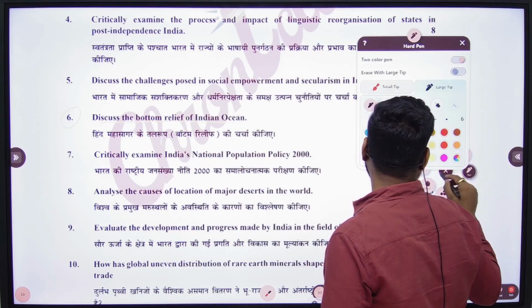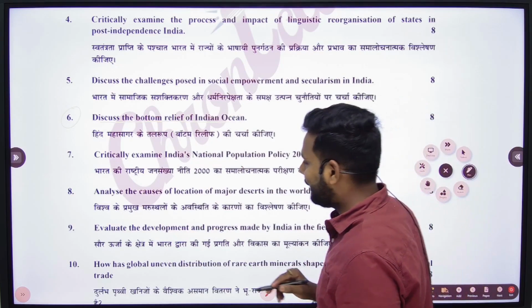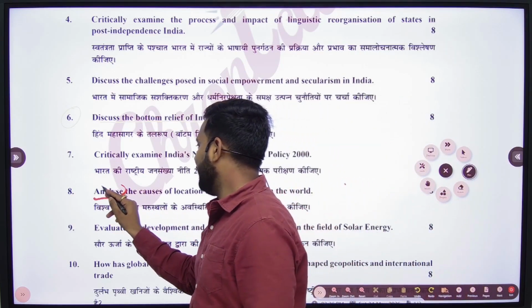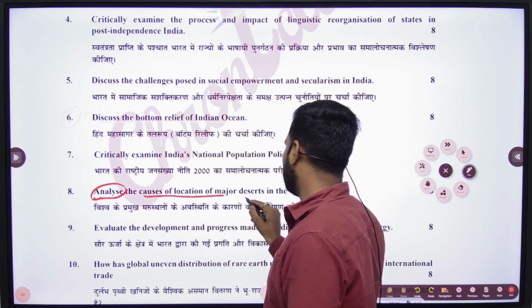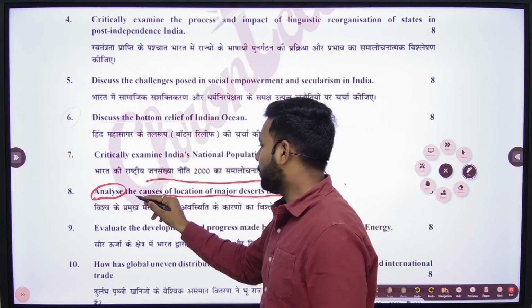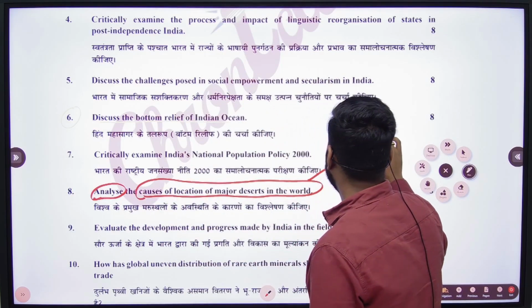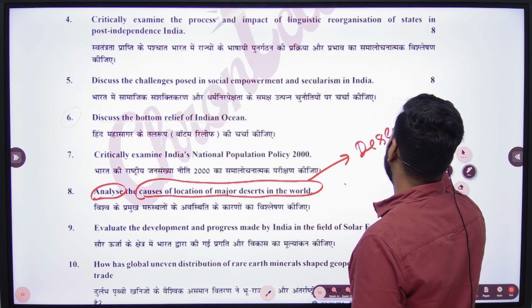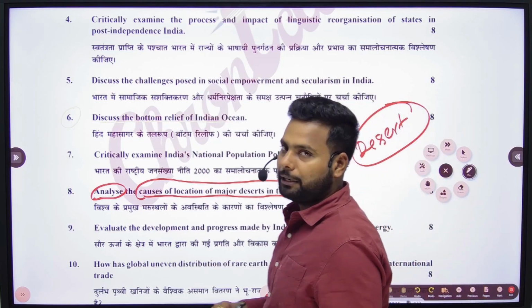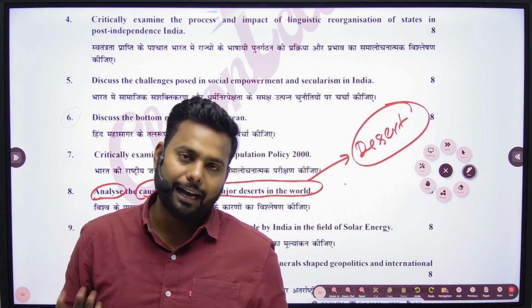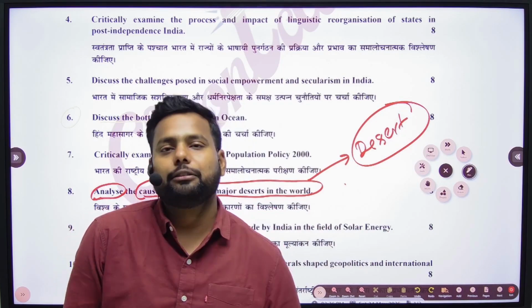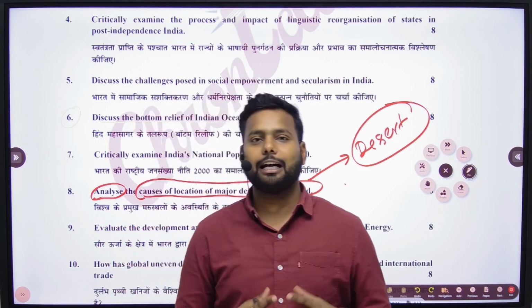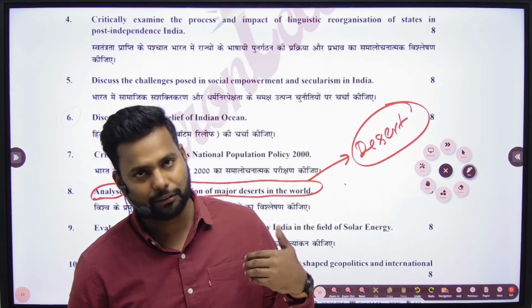What kind of demand is in the question? It is saying, analyze the cause of location of major deserts in the world. The question wants to know why the deserts are located in the particular locations they are at present. Why are the deserts located exactly where they are? Is there any specific reason?